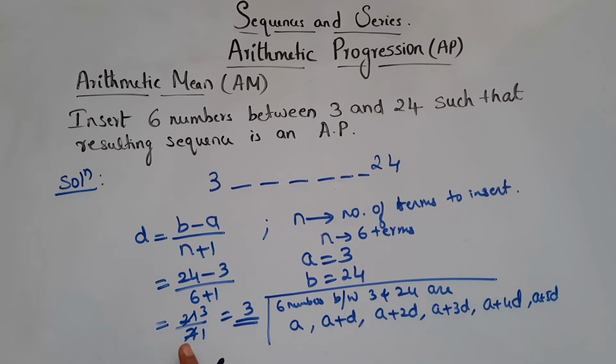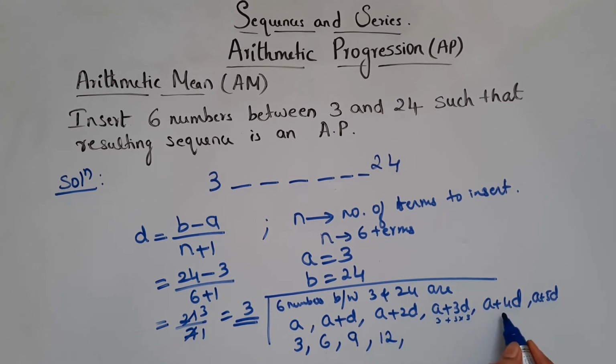So we want 6 terms. The first term is 3. So 3 plus d, d is 3, so 3 plus 3 is 6. Similarly, a is 3, so 3 plus 2 into d, d is 3, 2 threes are 6, plus 3 is 9.